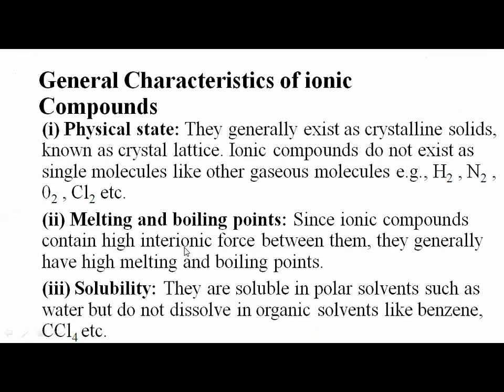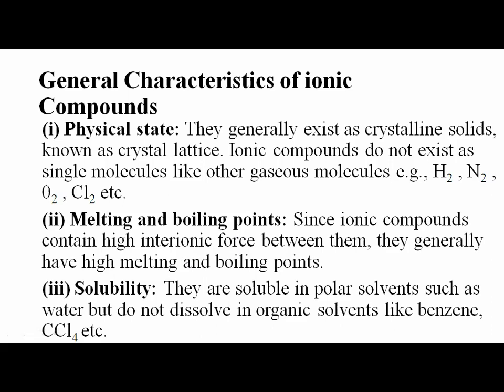Because of many simultaneous attractions between cations and anions, ionic crystal lattices are very strong. So the process of melting an ionic compound requires the addition of a large amount of energy in order to break all the ionic bonds in the crystal. For example, sodium chloride has a melting temperature of about 800 degrees Celsius.